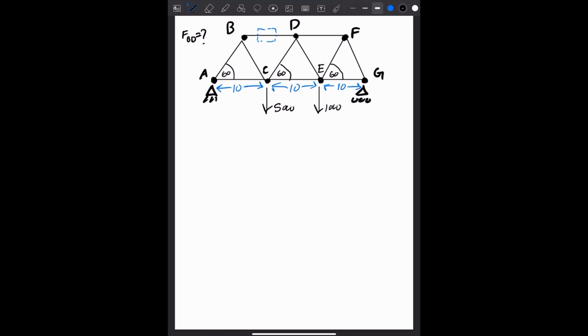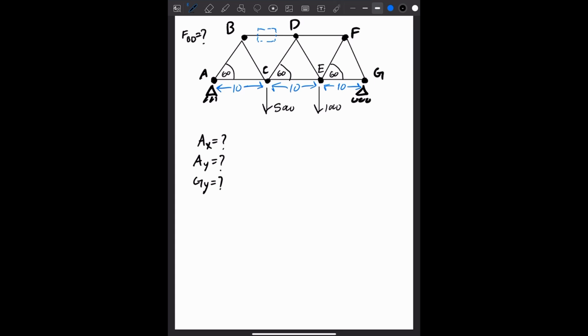And regardless of which method you use, the first initial step still stands, and that's to find the global equilibrium. So what does that mean? We're going to be looking for AX, AY, and GY.